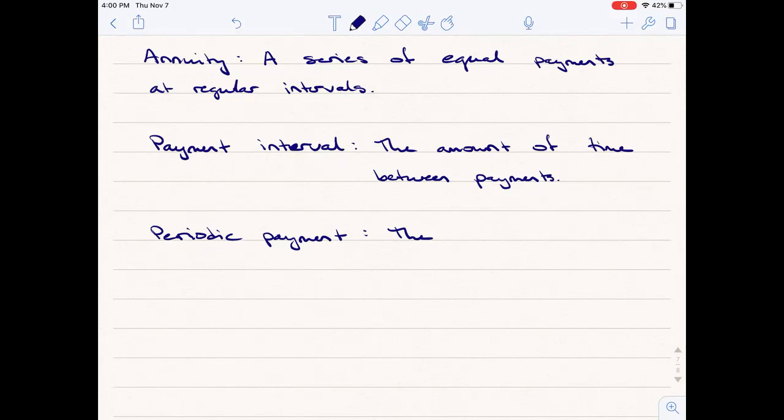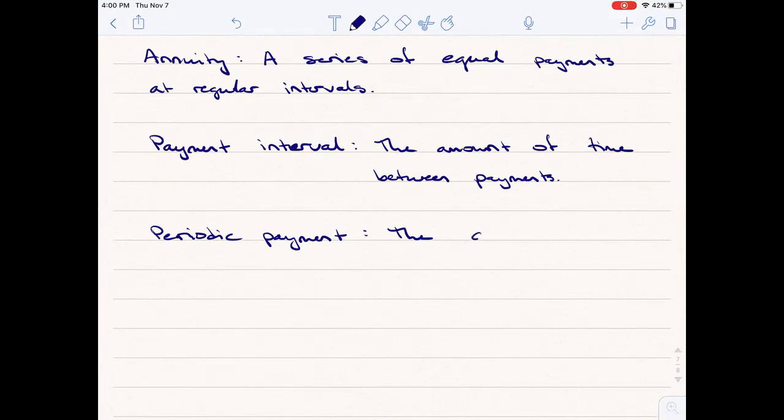Those are equal payments. You know you're paying equal payments, but you're paying different amounts of interest, just because of how money works, but it's been calculated so that you can pay an equal payment amount. And so the periodic payment is that monthly payment or biweekly payment amount.